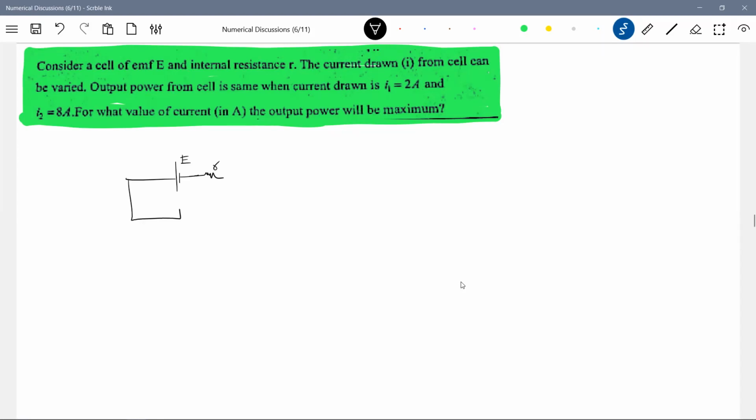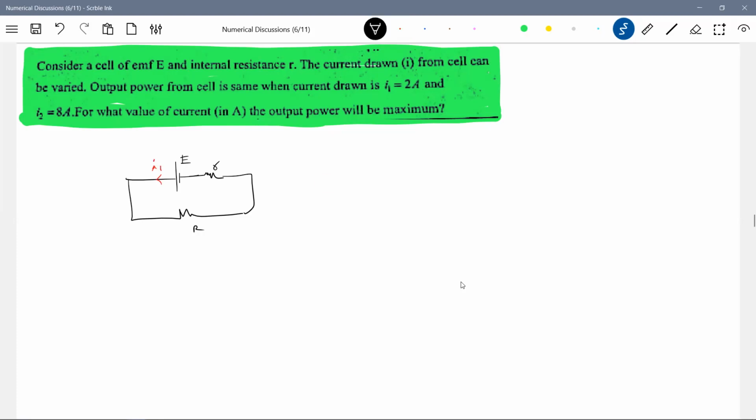I will proceed in this way. The output power drawn from the cell. So here first the current I1 will flow.